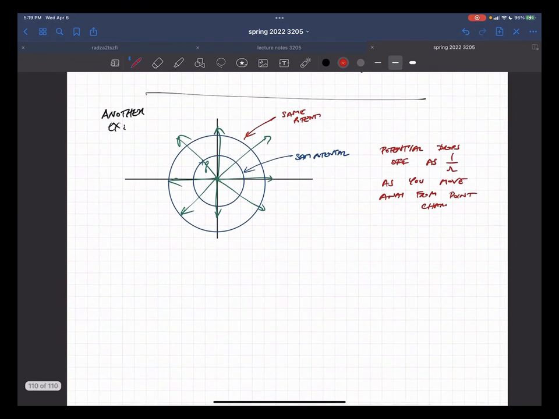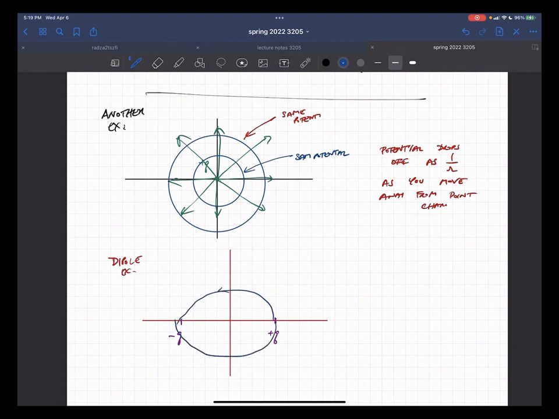Okay. Let's think of yet another example, the dipole example. Along the axis of the plus Q and the minus Q, you would have these electric field lines between them, like that.